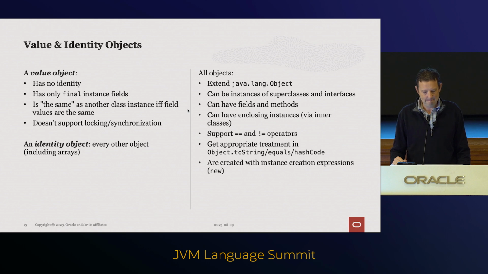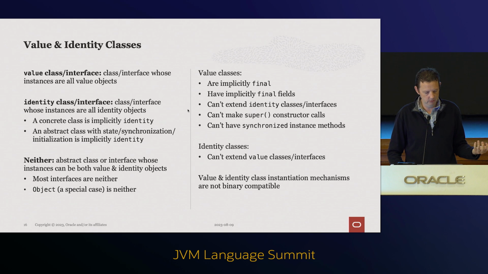And they're created with new instance creation expressions. So as a programmer, to show you an example, you're not going to notice a huge difference. Oh, okay, one more slide, and then I'll show you an example. But the general feel is it's just Java programming, and we think that's important.